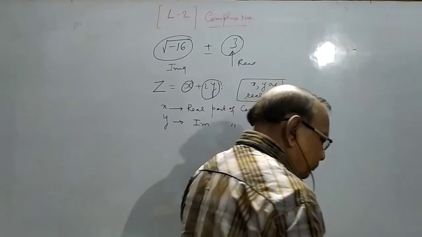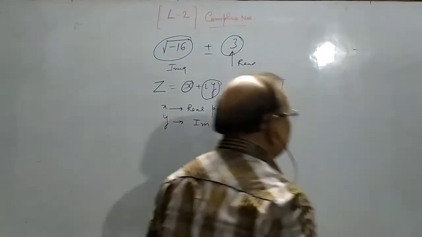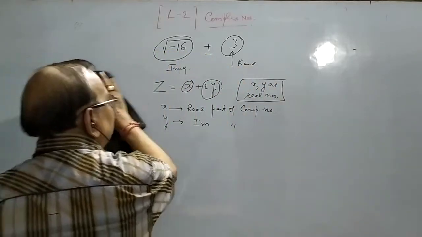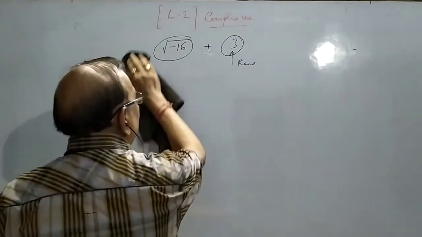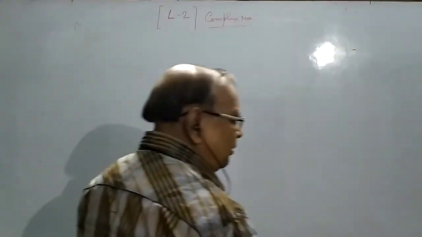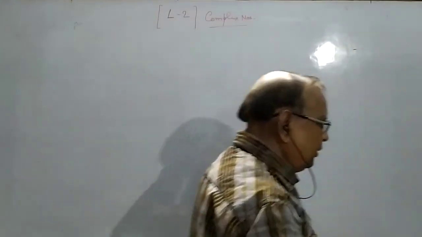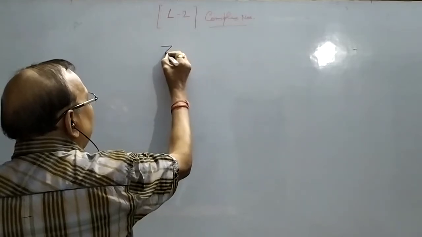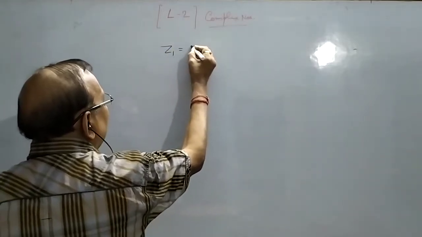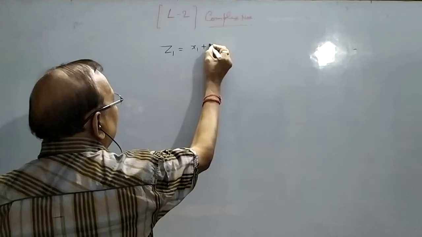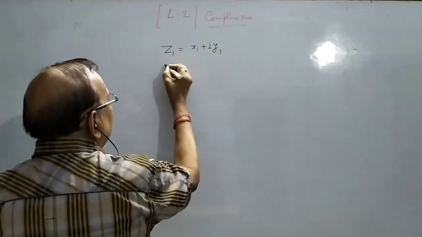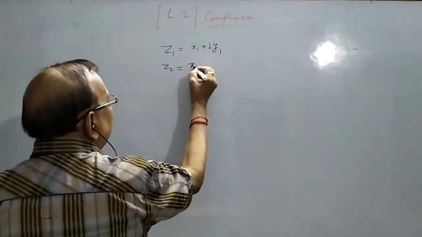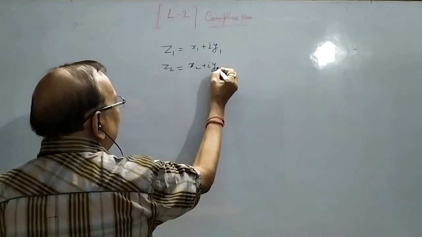Now, we move further. There are some results. If there are two complex numbers, say z1 is equal to x1 plus iy1, z2 is equal to x2 plus iy2.